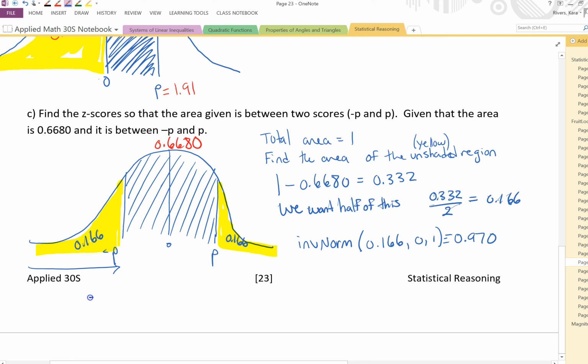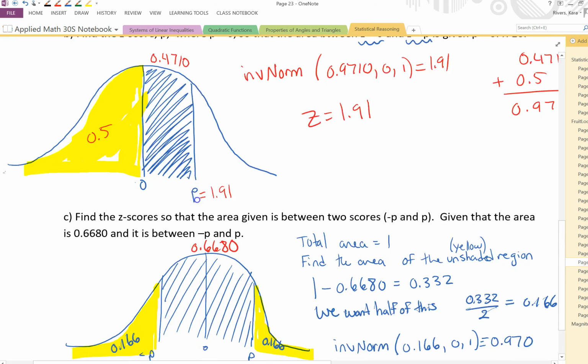So that means negative p is negative 0.970 and p is 0.970. So those are our two z-scores. So therefore, the z-scores are negative 0.970 and 0.970. And that's it for today's lesson.